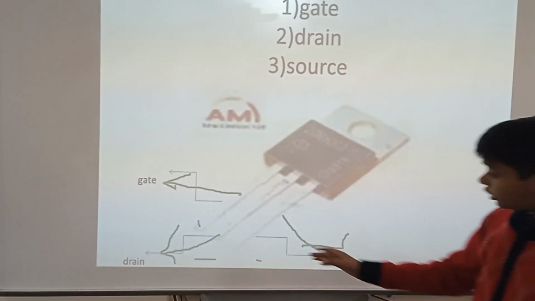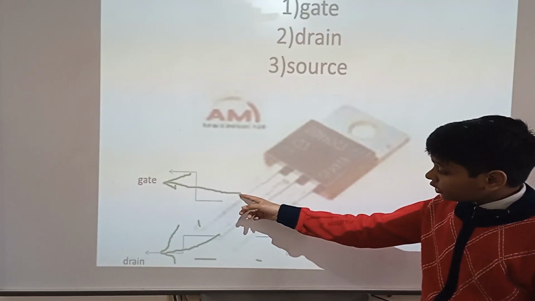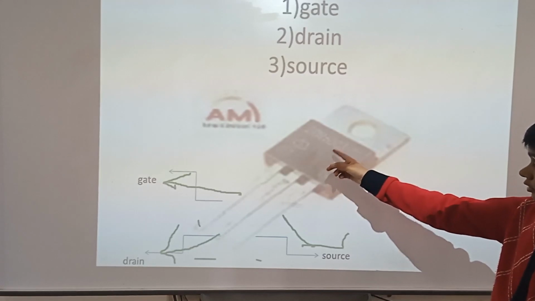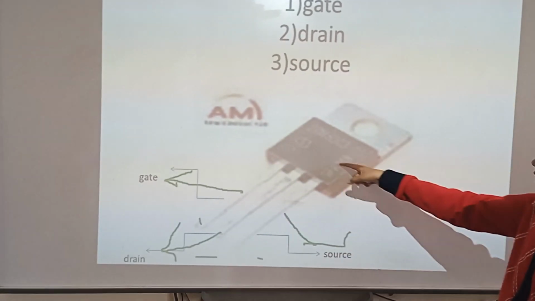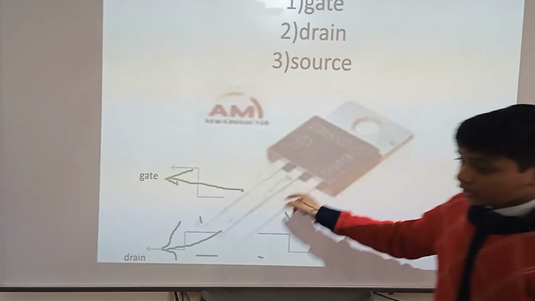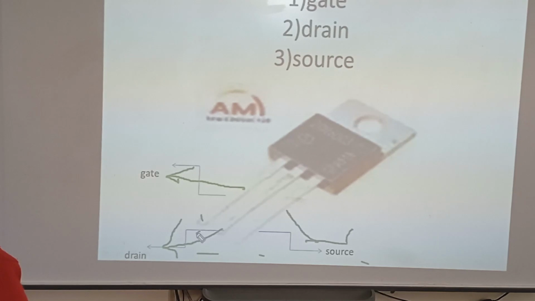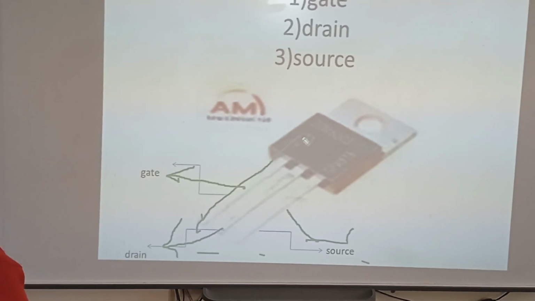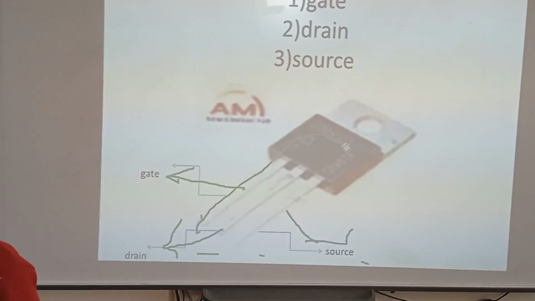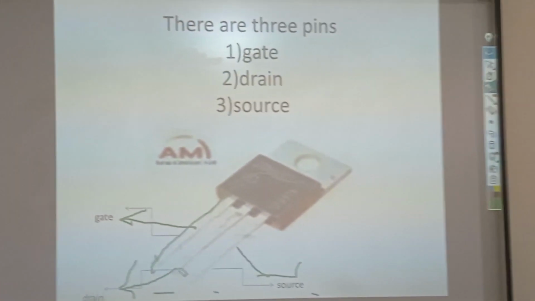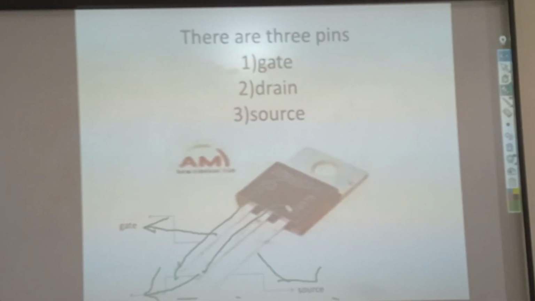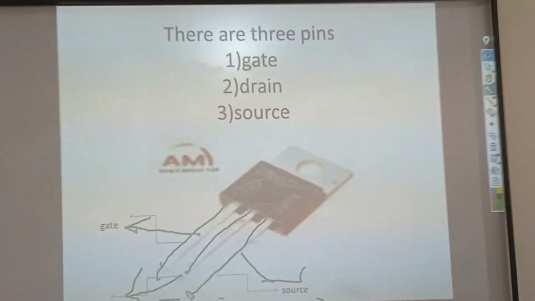So in this gate pin there is a voltage applied, so that from here the voltage can go. It is not like a transistor, where the voltage goes from here, it stops, and then the voltage from here goes.